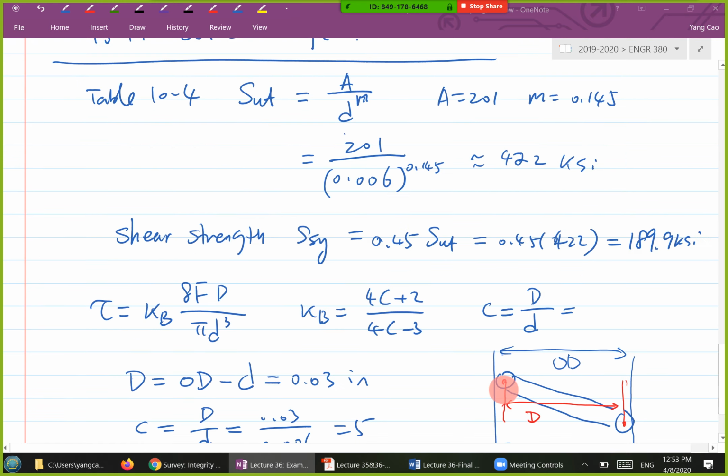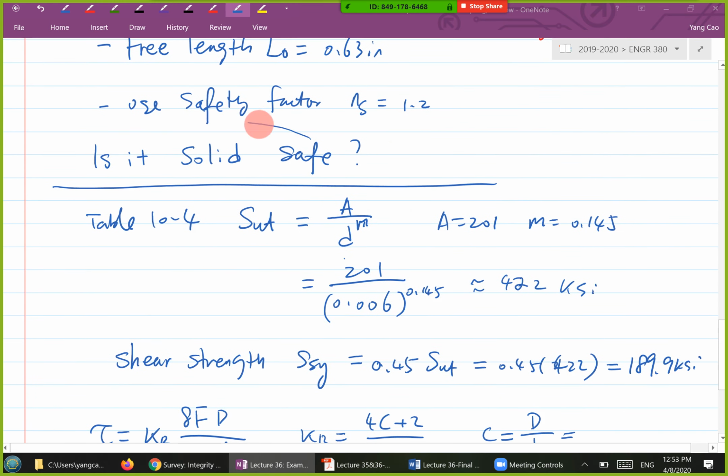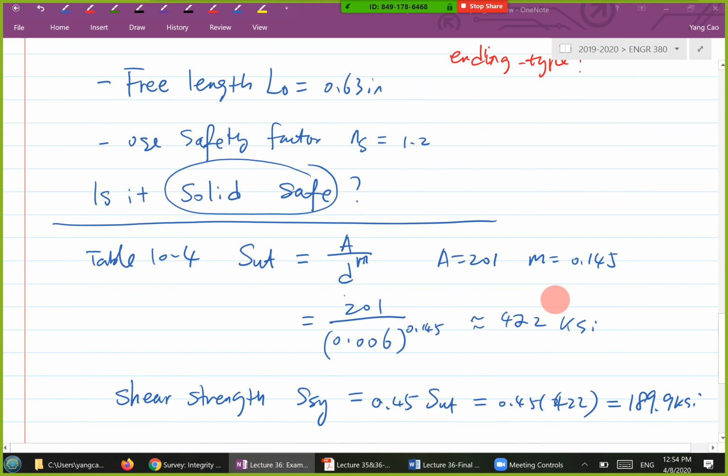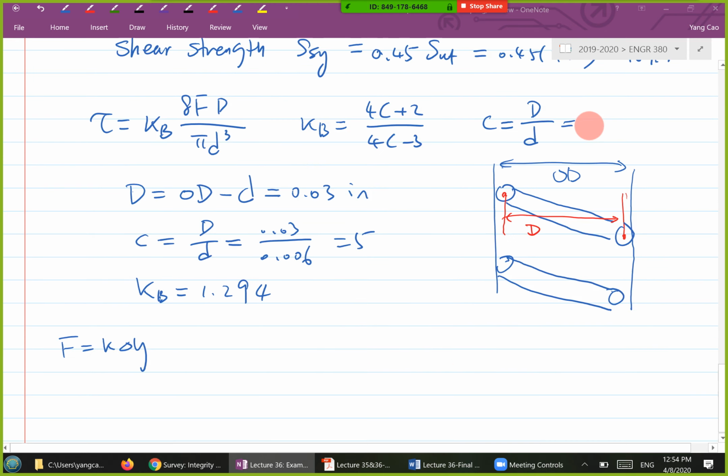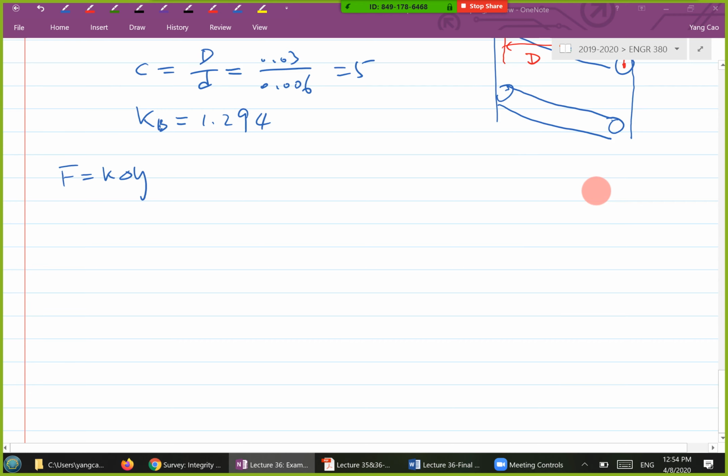So we're talking about solid safe, right? So basically you fully close the spring. Then you do have the free length, so the deflection will be the free length minus the length when they fully close. We call that solid length, LS.